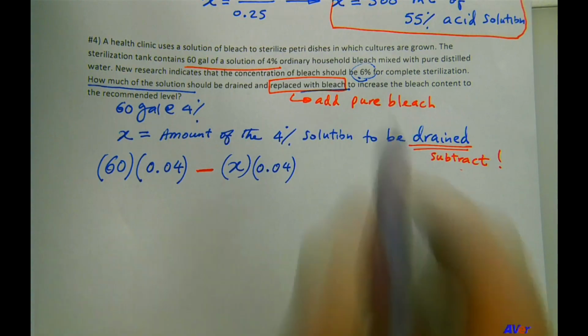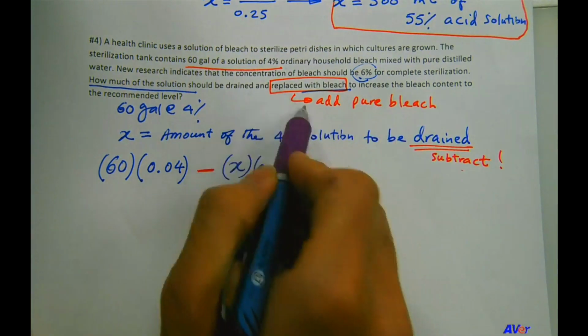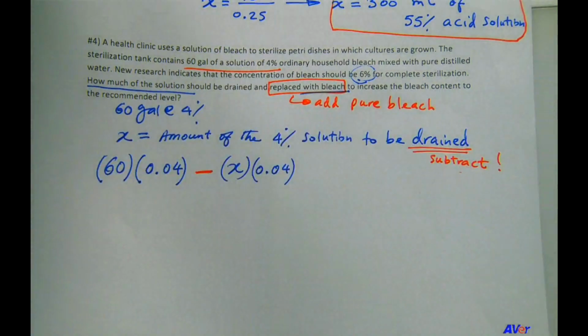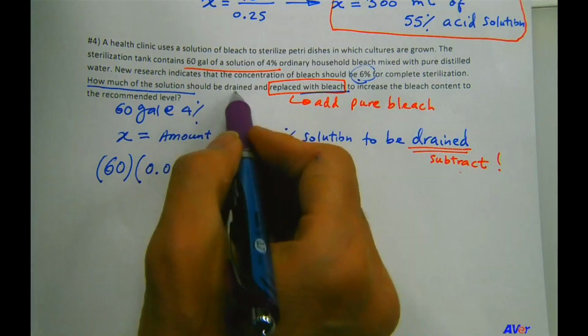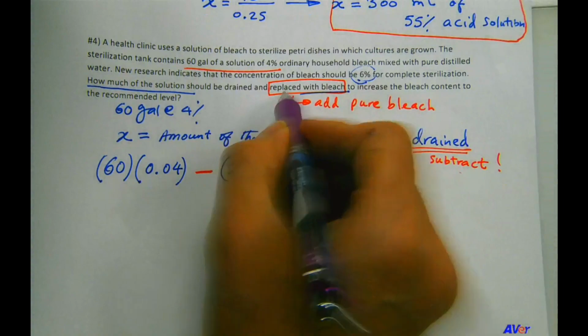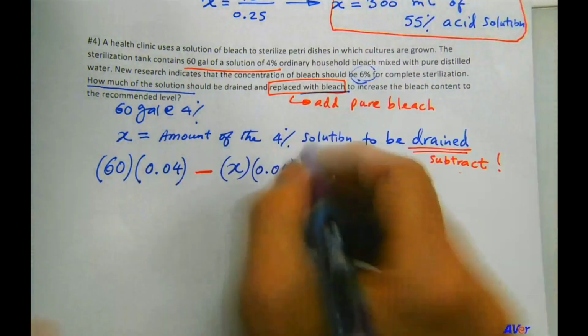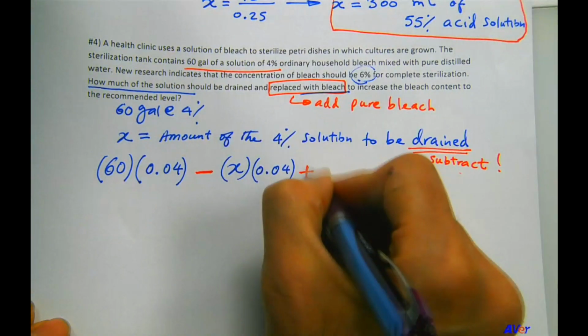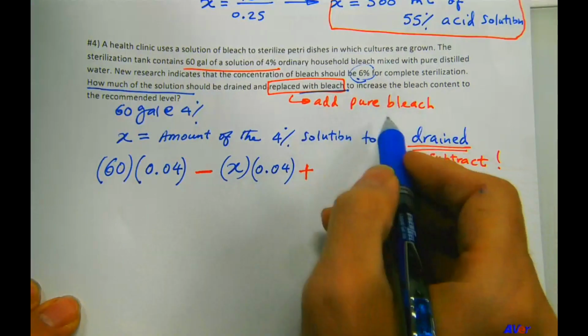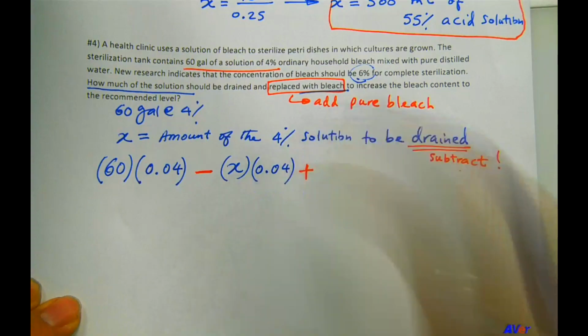So replace means add pure bleach. These are the clues you should watch out for, because drained means subtraction. Replaced means you're adding. So plus pure bleach, right? Pure bleach is 1.0. But how much pure bleach?